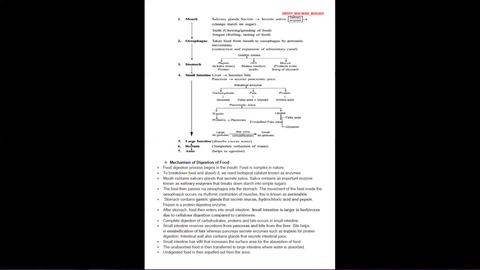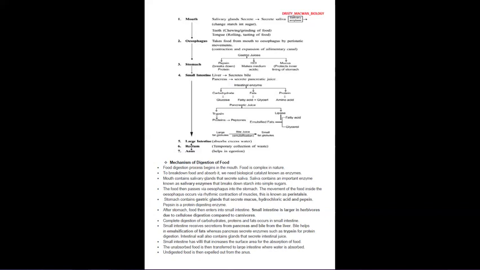For the breakdown of the food and to absorb it, there is a biological catalyst known as an enzyme, and pepsin is one of the enzymes which is responsible for breaking down the protein material. So the pepsin is going to act upon the proteins and do the partial digestion of the proteins. Next there is HCl, which makes the medium acidic.